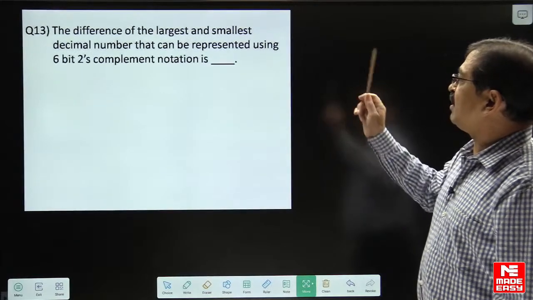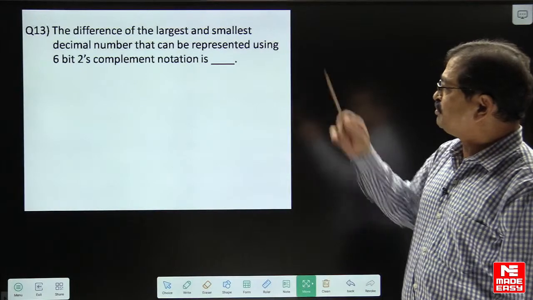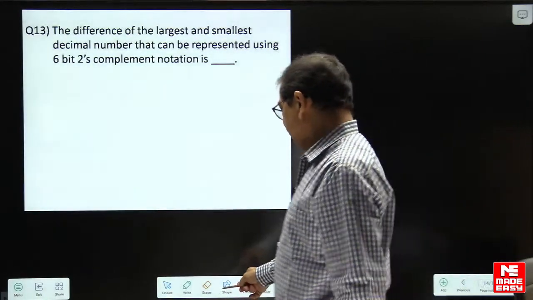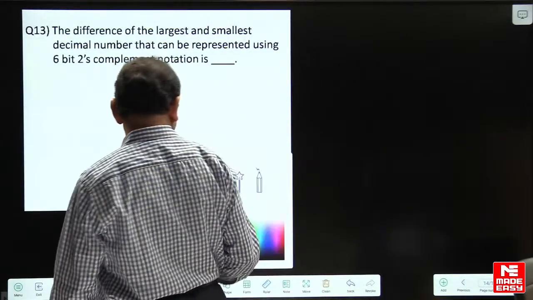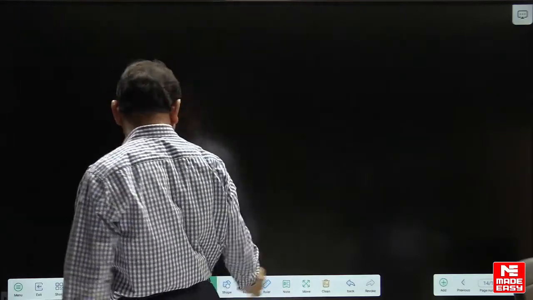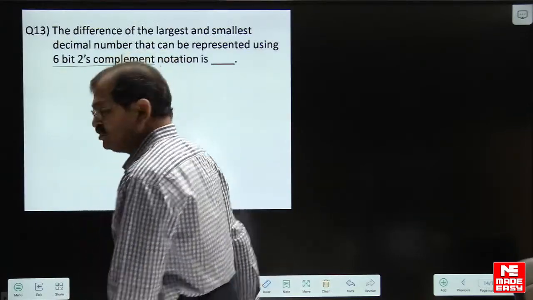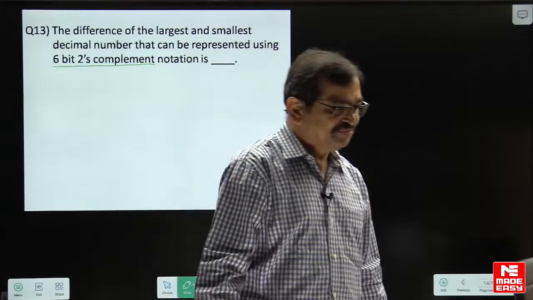The difference of the largest and smallest decimal number that can be represented using 6-bit 2's complement notation. Okay, simple question. Try to answer.